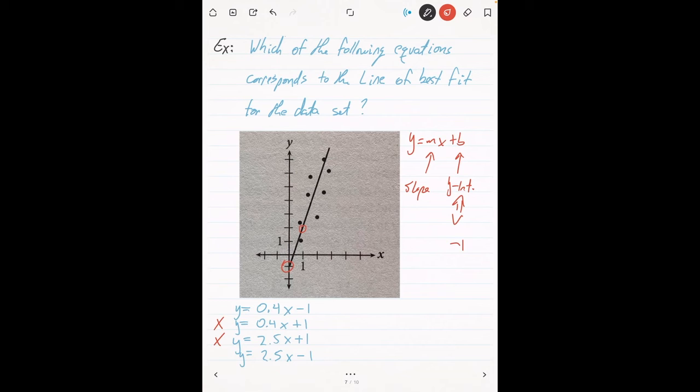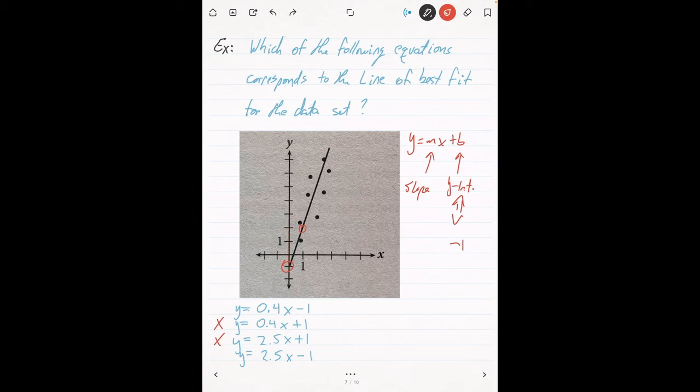And maybe then I would be able to say, well, it looks like I go up 1, 2, 3, and over 1. So it's probably close to a slope of 3. And of these, this is closest to 3. So I would probably say the last one, number 4, is the correct solution.